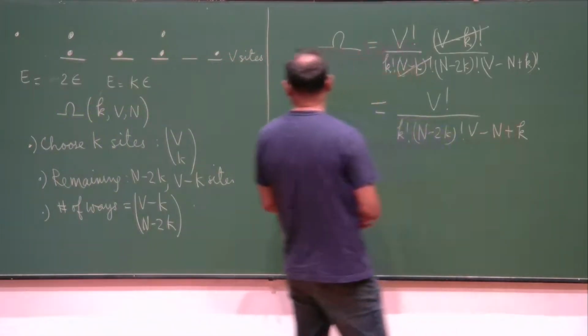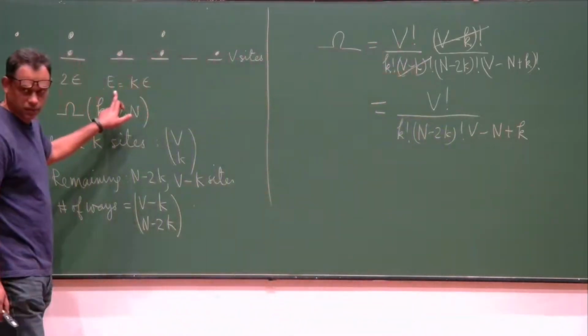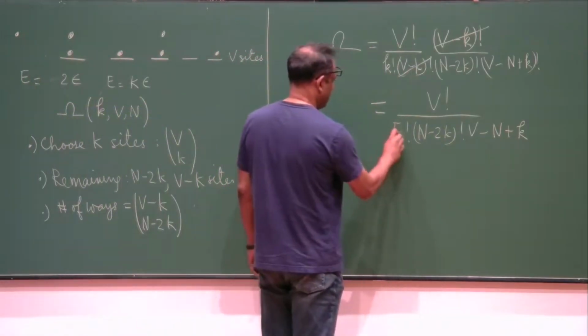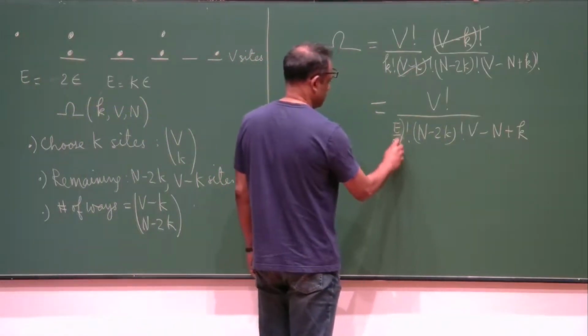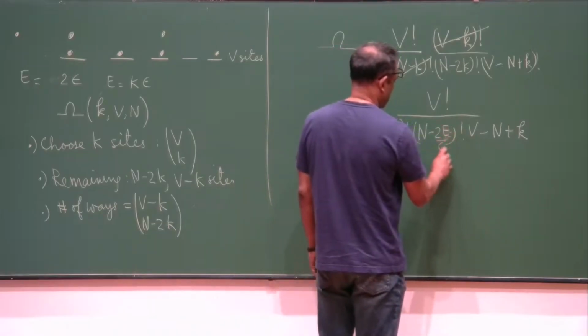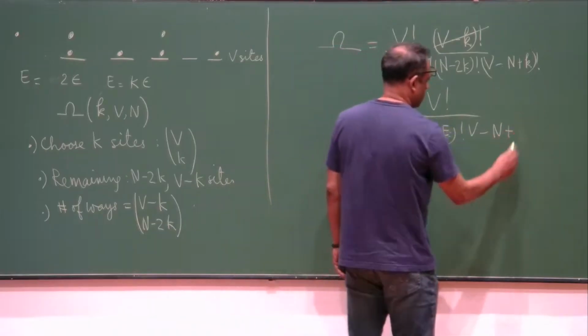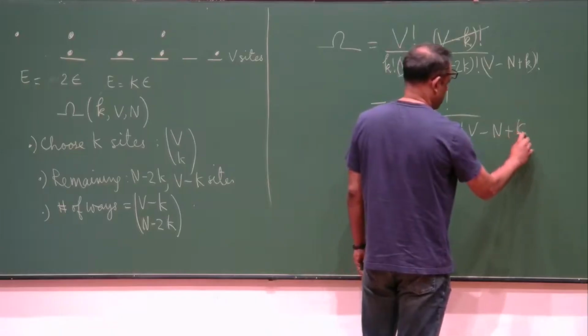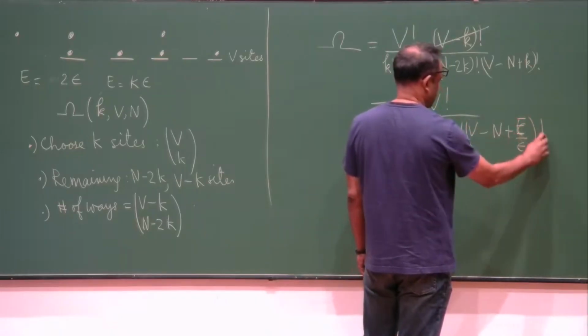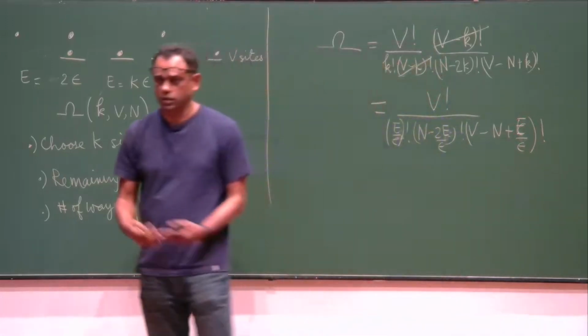But before that, your k is E by epsilon. So I'll just replace wherever k comes with E by epsilon, E by epsilon factorial.